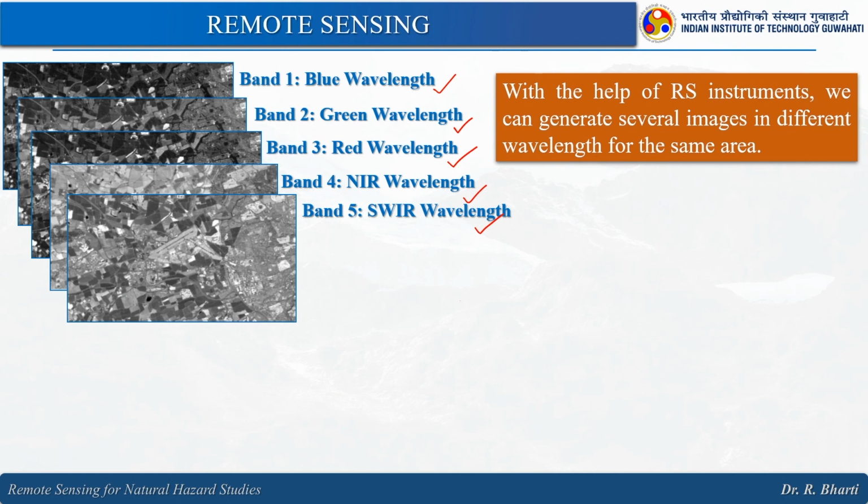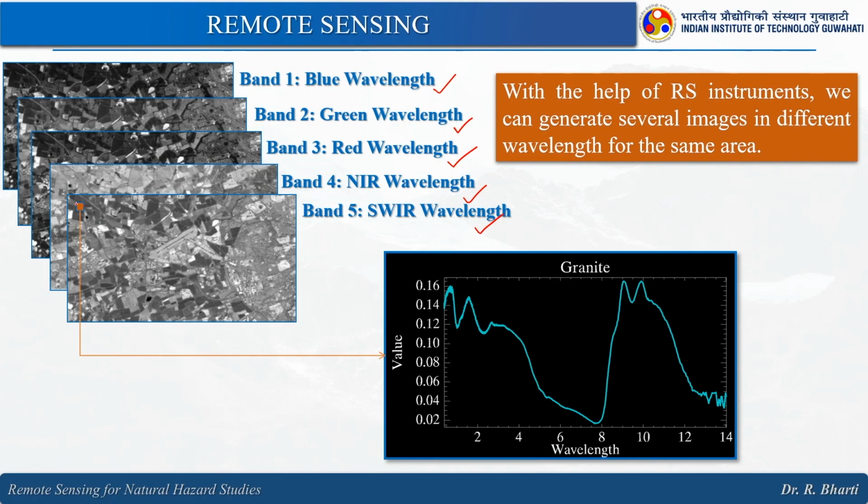So, you can see here with the same sensor we are able to generate 5 different images, which is not possible with the normal or regular camera, right. So, here if we consider one of the pixels, which is highlighted here, because we are looking at the same ground and all these images are captured at the same time, right.